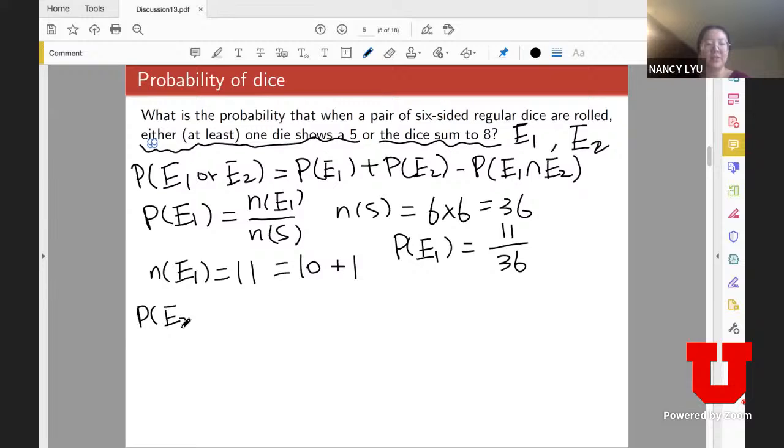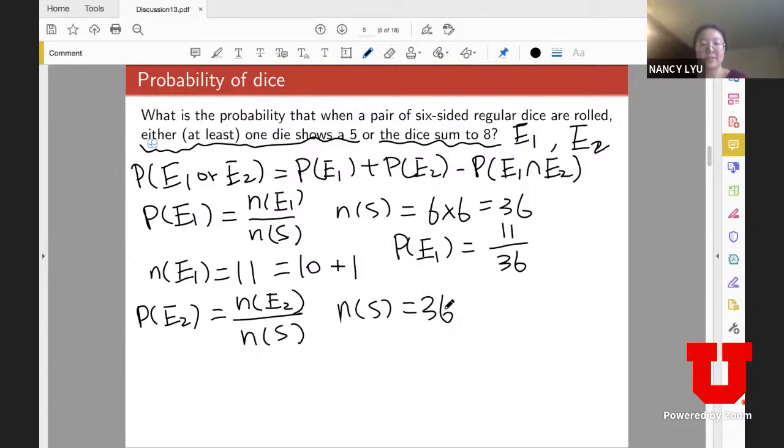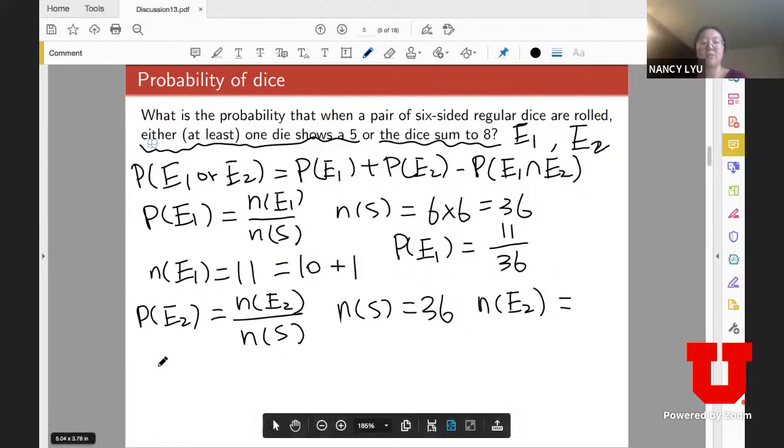Then let's find out E2. It should be the same sample space in E2, because we're still going to roll a pair of 6-sided dice. So that's 36. And what about our event E2 happening, where the dice sum to 8? We can actually write this out.